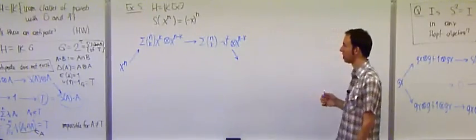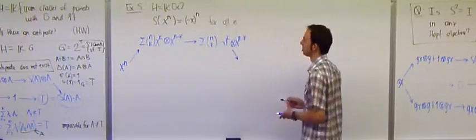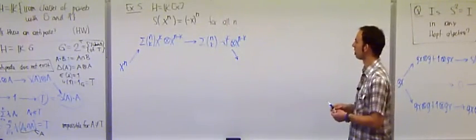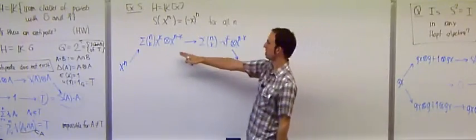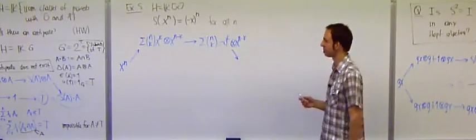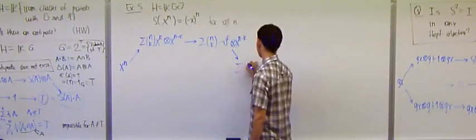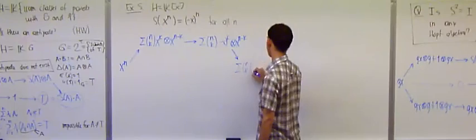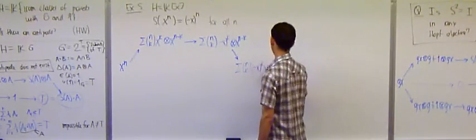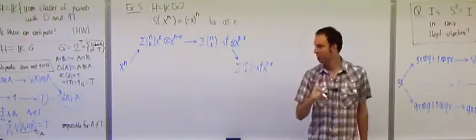Something bother you? So all I did is S takes x to the k to minus x to the k, and now I apply the product. The product tells me whenever I see a tensor, I should multiply. All of these sums are for k from 0 to n.